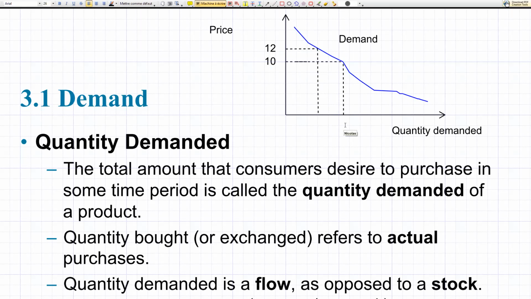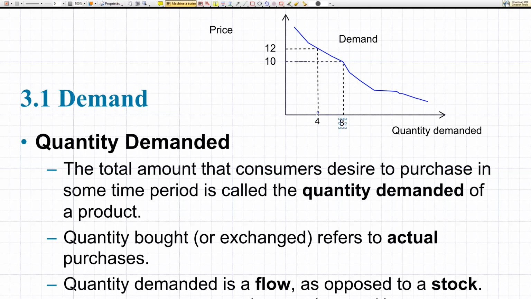Imagine this is 8 and 6 and 4. So if nothing changes except the market price, then this is the relation that you would observe between the market price and the quantity demanded.